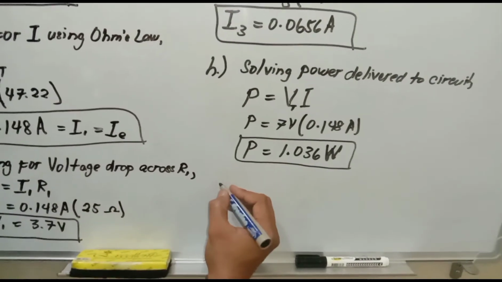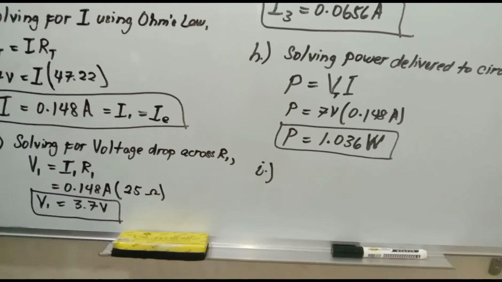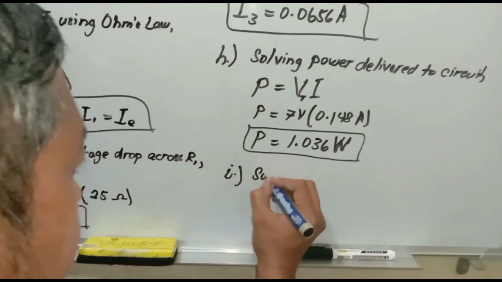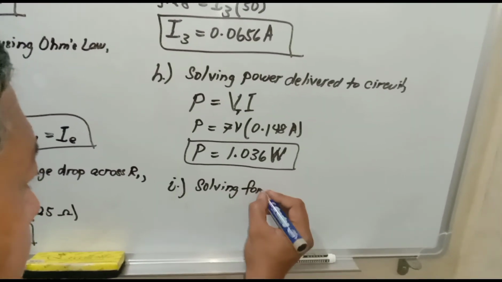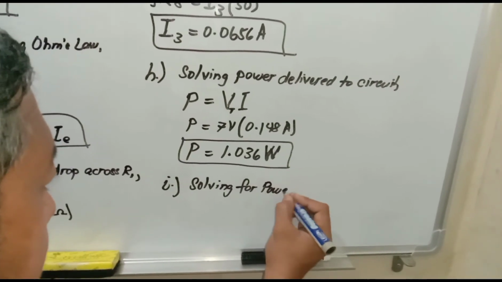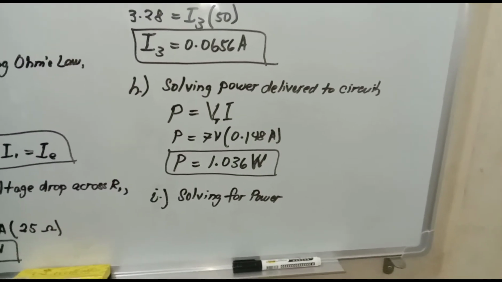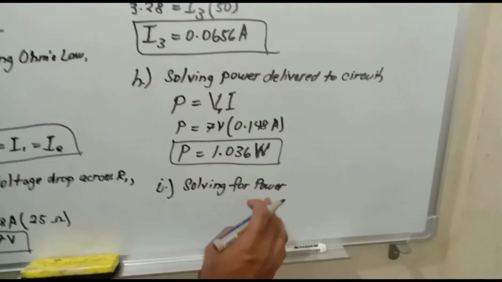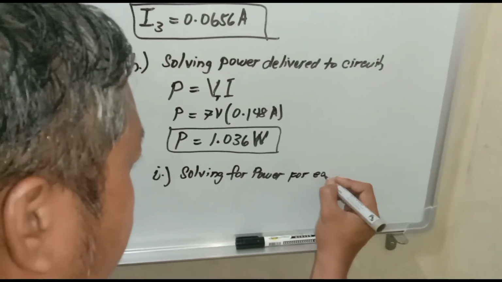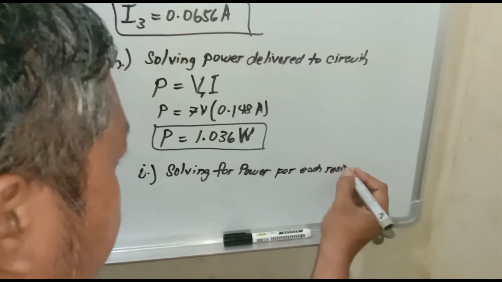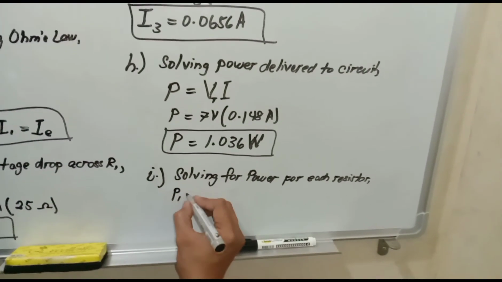Solving for power, this time regarding the resistances R1, R2 and R3, solving for power for each resistor.